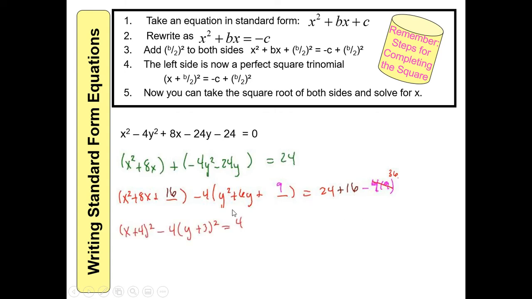So now I can collect like terms and write this as x plus 4 squared minus 4 times y plus 3 squared is equal to, if I combine like terms here and add it up, 4. Now divide both sides by 4, and I've got x plus 4 squared over 4 minus y plus 3 squared over 1 is equal to 1.